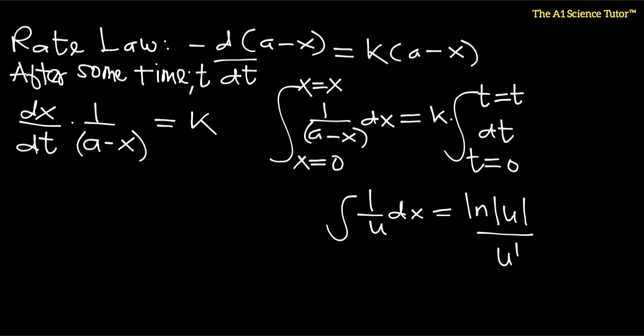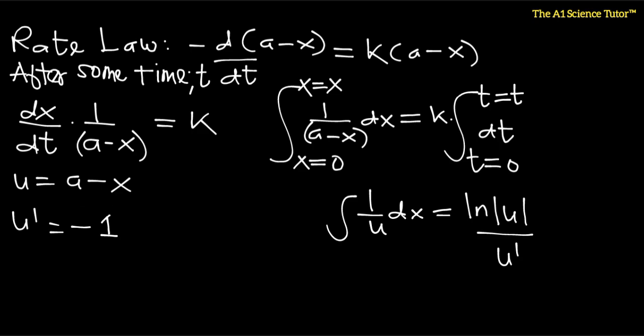Let's take u in this case to be a minus x. Now u prime will be the derivative of this. The derivative of a, which is a constant, should obviously be 0. The derivative of negative x should give us a negative 1, because we are differentiating with respect to x. So u prime should give us negative 1.